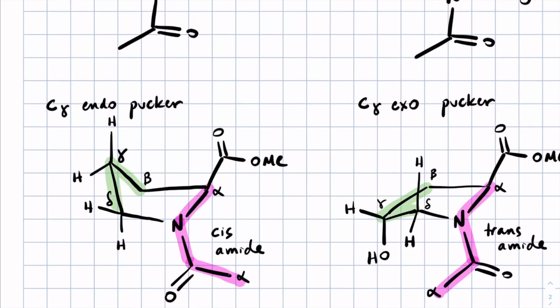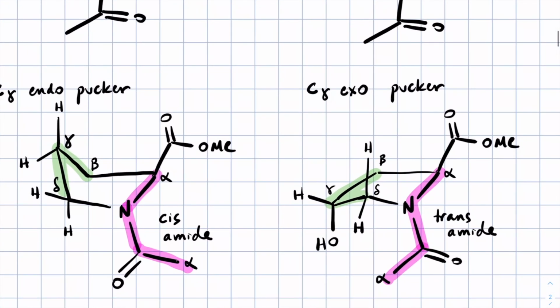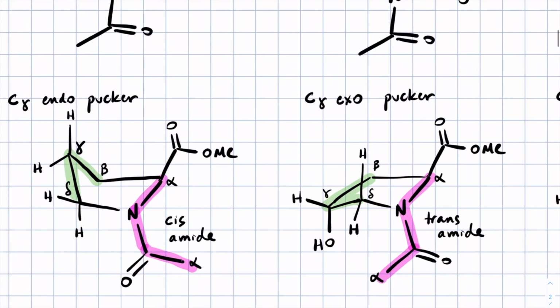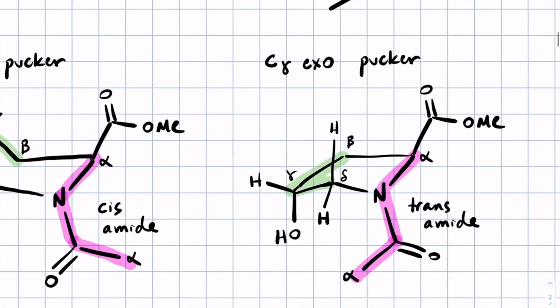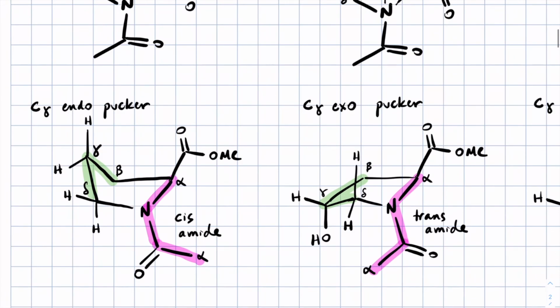In contrast, they found that when you put the hydroxy group on the gamma carbon, the conformation is instead a C-gamma exo conformation, where C-gamma is now angled down relative to the other 4 members of the ring. So up, down. Okay. Why is it called a pucker?